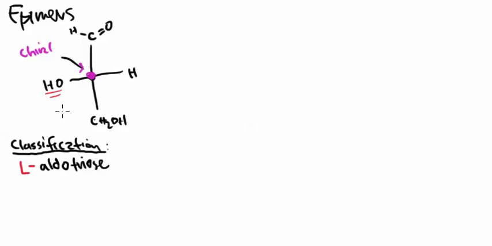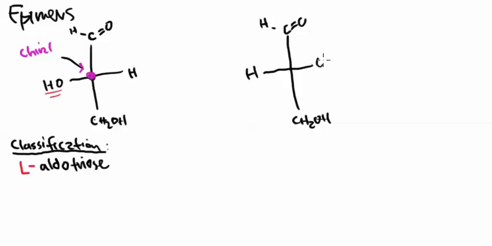Now this has 1 chiral center, right? So there is a version of this structure that's out there that will basically be the flipped version, right? C double bond O, H, and a CH2OH here. And this OH and H can flip spots. So hydrogen could be on this side and OH could be on that side. Well, okay, what if I wanted to do the classification here? As you would expect, nothing really major changes. This is still an aldehyde, so it's still an aldo.